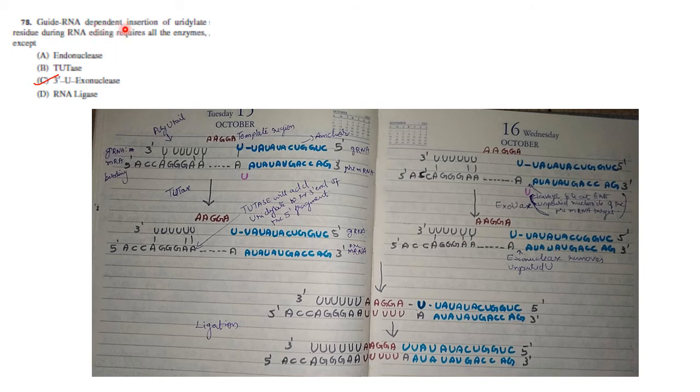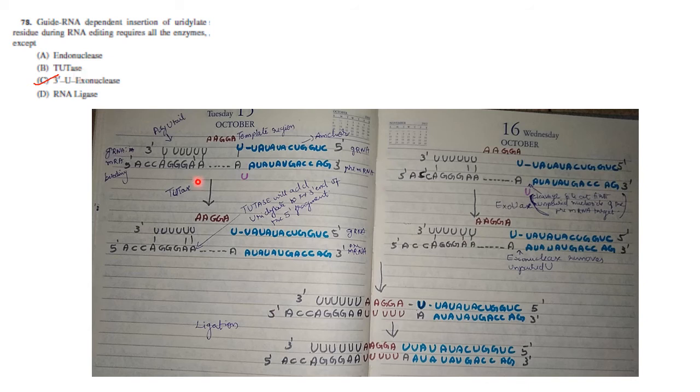Then, guide RNA dependent insertion of uridylate residue during RNA editing requires all the enzymes. So endonuclease, yes, that is required. Here you have an endonuclease nicking. Then TUTase is needed. 3' U exonuclease is not needed, because for insertion of uridylate residue they have asked, that is addition of uridylate residue, you don't need the exonuclease action, but you need endonuclease.